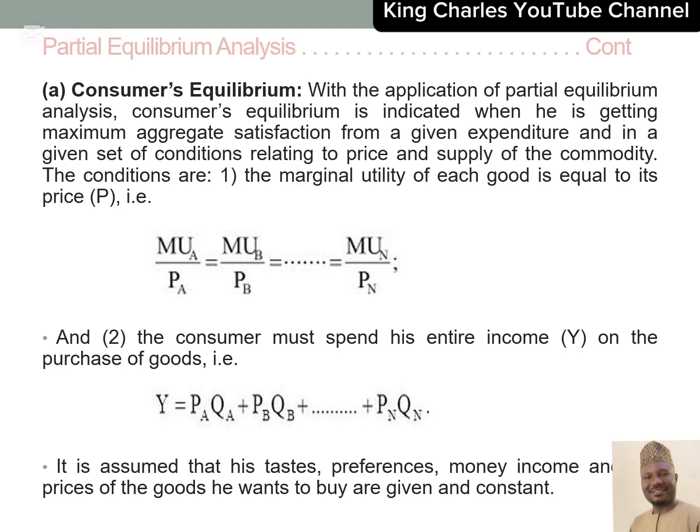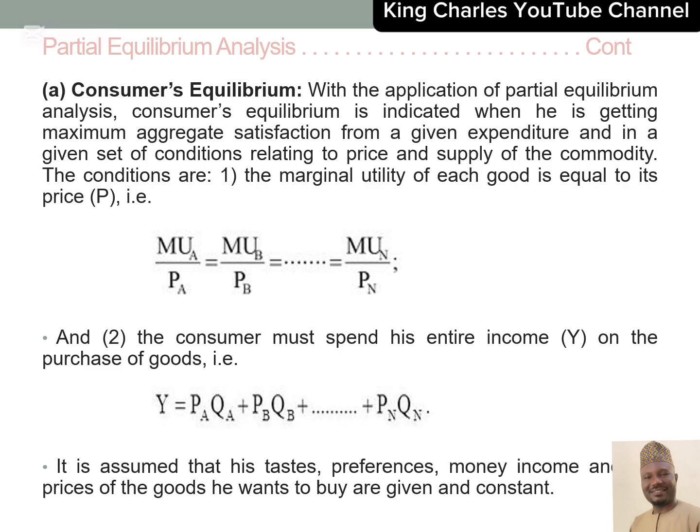For instance, commodity A can be egg, commodity B can be bread, commodity C can be Milo, and so on. So let's stop at commodity C, because when you say commodity N, it means 1,000 other commodities before the last one. So let's say we stop at these 3 commodities.